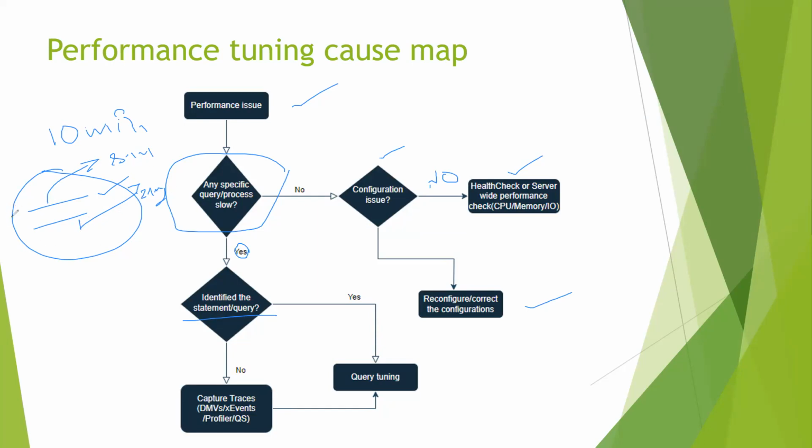Instead of troubleshooting the entire batch or the transactions that we have, we can pick this particular statement or particular text of the query, and check further what the performance issue is for that particular query. So instead of troubleshooting the entire batch, we'll look only at that particular statement.